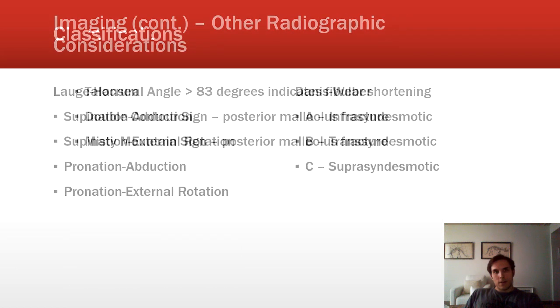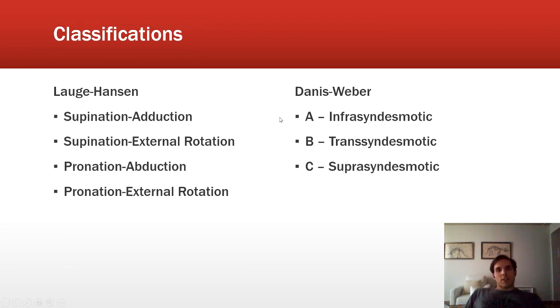All right. So let's talk about classifications now. The two main classifications that I was really asked questions about as an auditioning student and that are referenced a lot for their usefulness, understanding the mechanism of injury, are the Lauge-Hansen classification and the Danis-Weber classification.